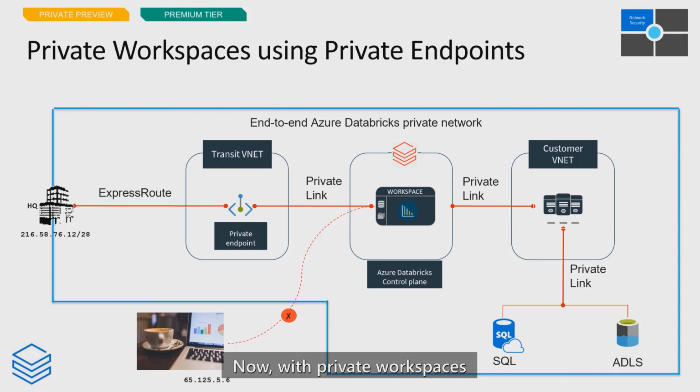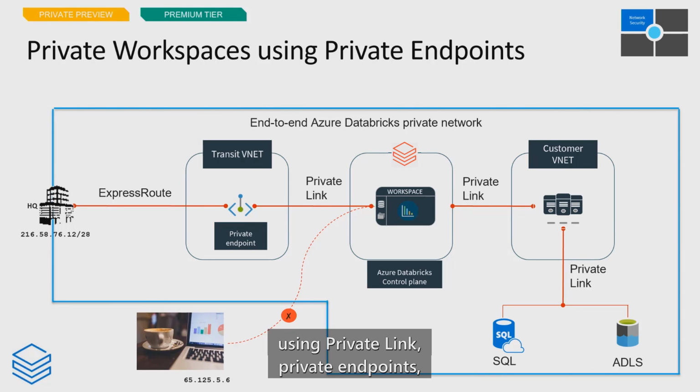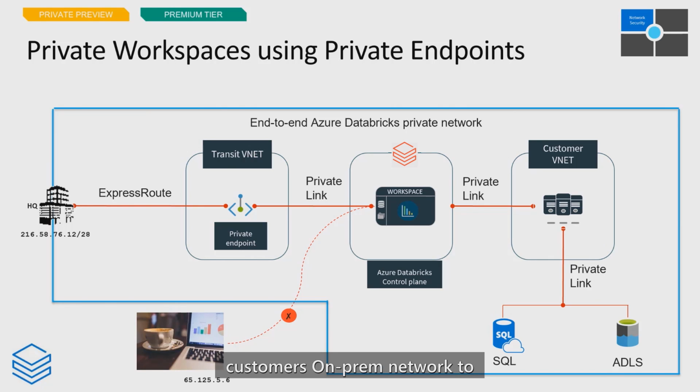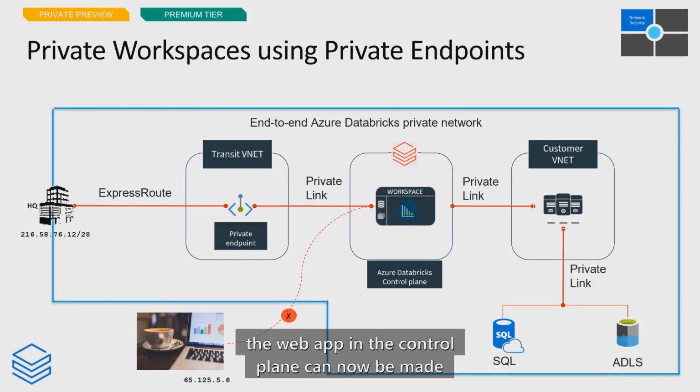Now, with private workspaces using Private Link and private endpoints, one would set up their network infrastructure and workspaces in such a way that all traffic from customers' on-prem network to the web app in the control plane can now be made to transit over Azure ExpressRoute and the cloud provider backbone, all through a private tunnel.